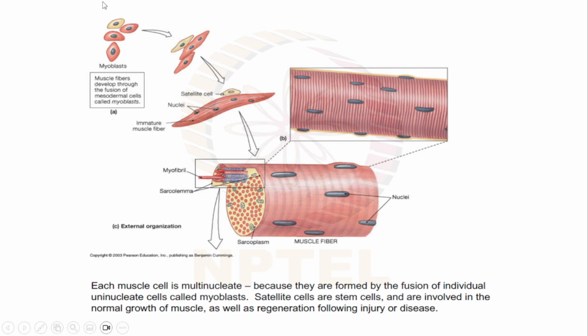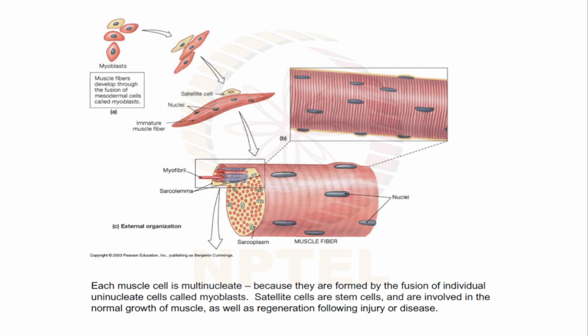This muscle cell, if you can see, is a skeletal muscle. There are three different types of muscles, you must have known that. In this single muscle cell there are many nuclei. So what are these many nuclei? Many muscle cells make a syncytium.